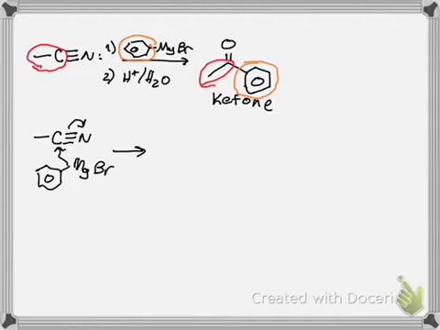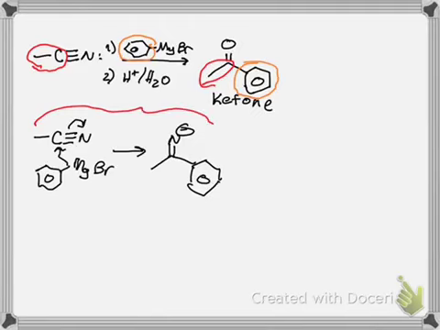This is not reversible, which puts you here. So this is step one. Step two comes into play with this nitrogen anion grabbing a proton off of the acid.